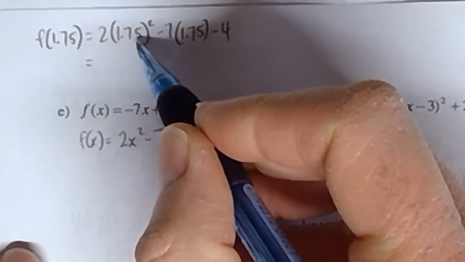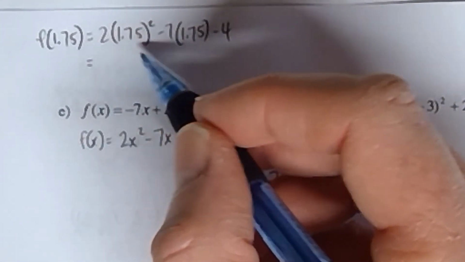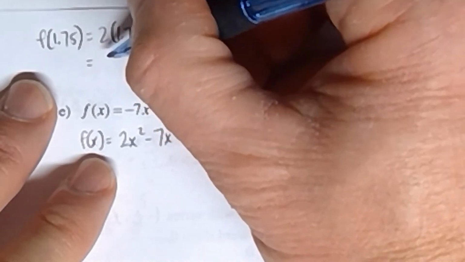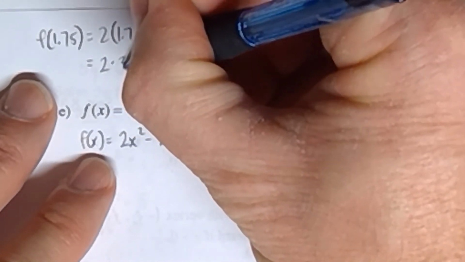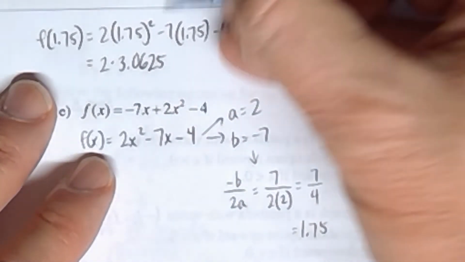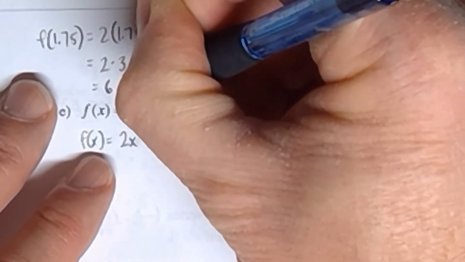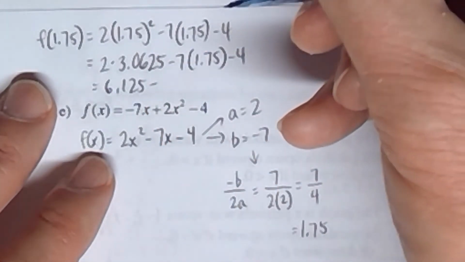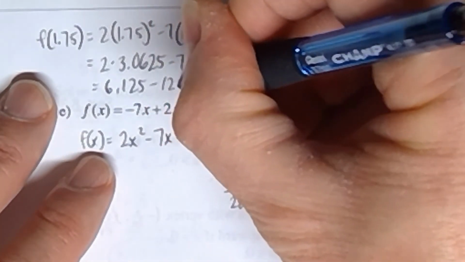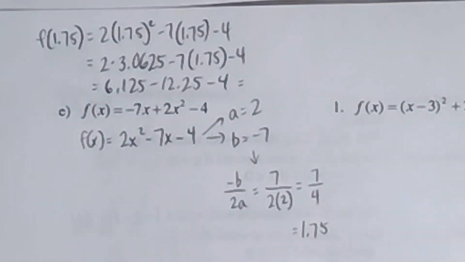If you do your exponent there first, we get 3.0625. Multiplying that by 2, I get, let me write that down, 6.125, minus 12.25, and then you subtract.